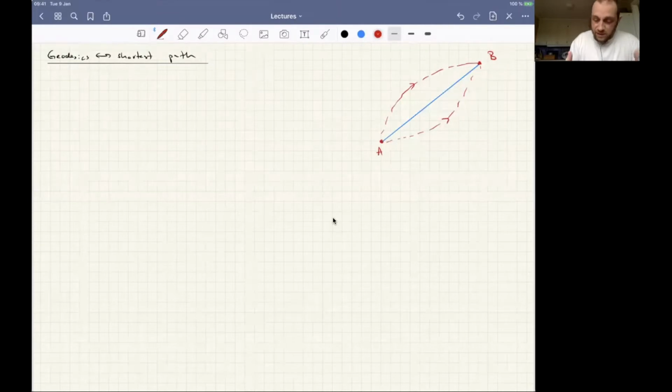So the length is a functional, and we minimize that functional. So that's going to be variational calculus. The length here was this integral of the square root of g_AB chi dot A chi dot B dt.